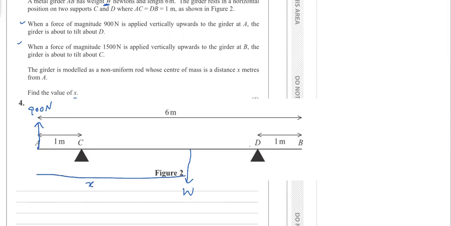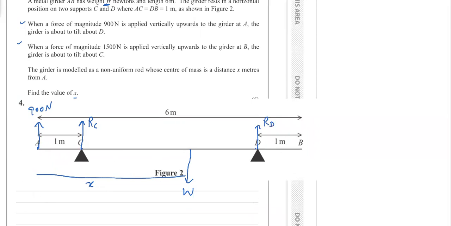Now there are reactions at point D and point C because the rod is in contact with point D and point C. So reaction at point C will be, let's say, RC, and the reaction force acting at point D, let's suppose, is RD.